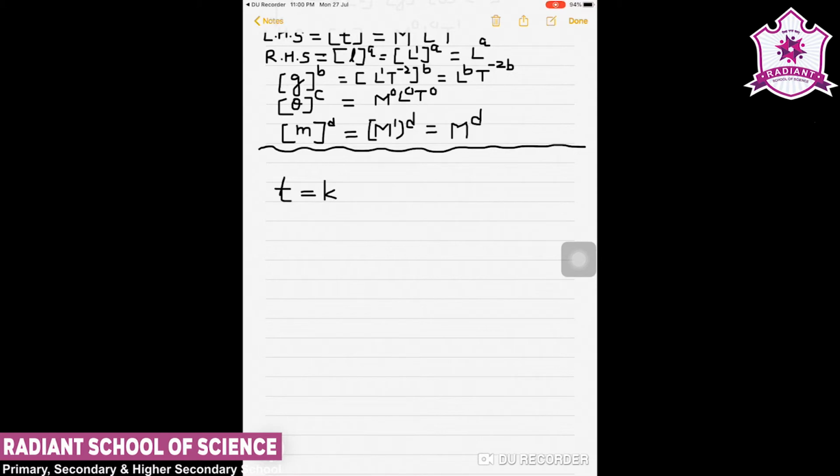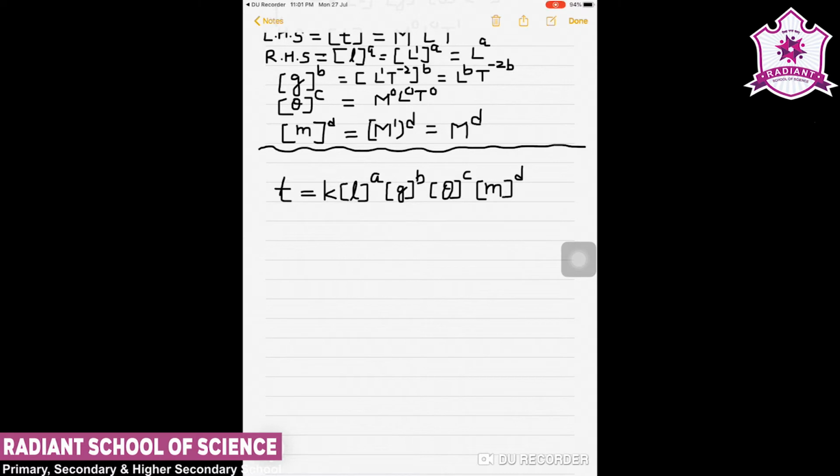Again I will put it as length to the power a, g to the power b, theta to the power c and mass to the power d. When we put this, we will apply it now as per our acquired information.